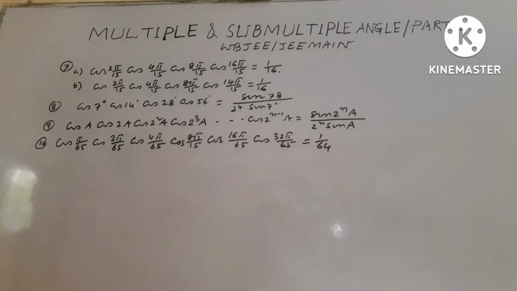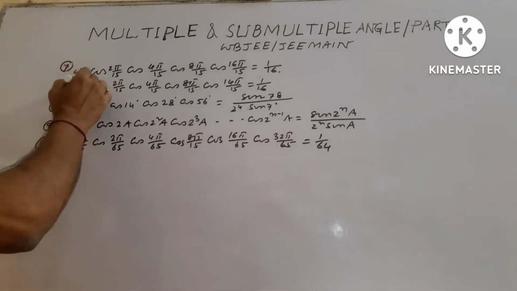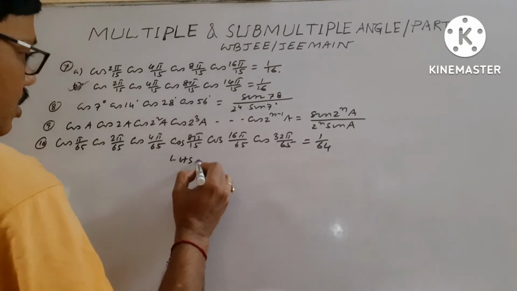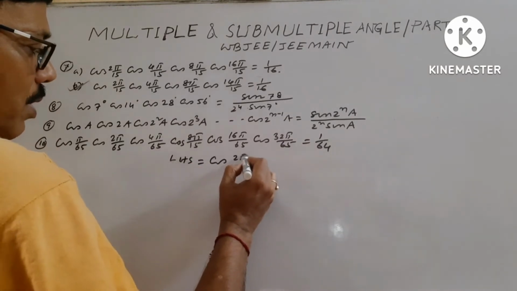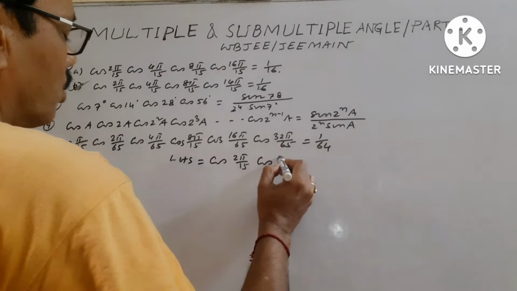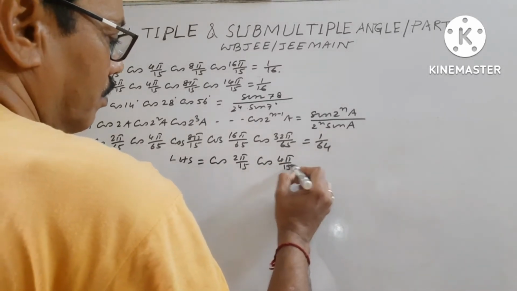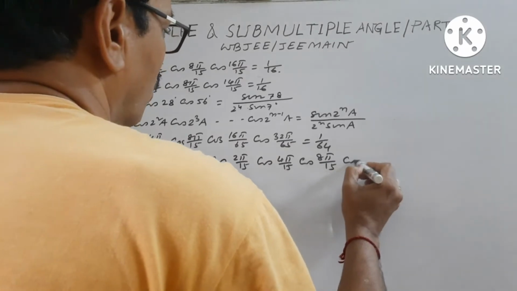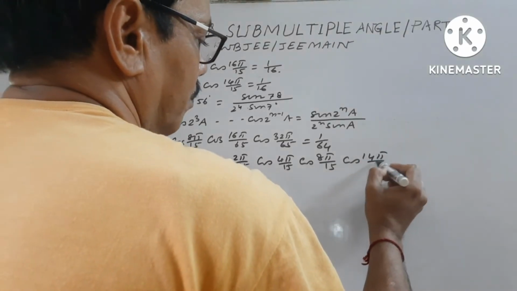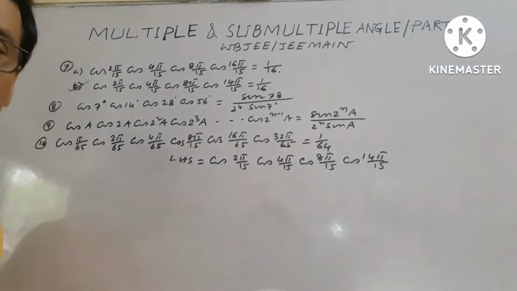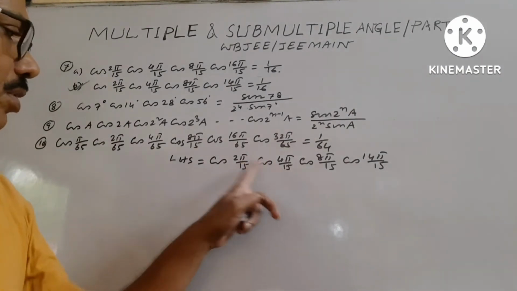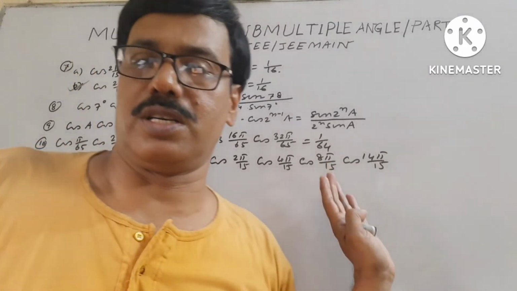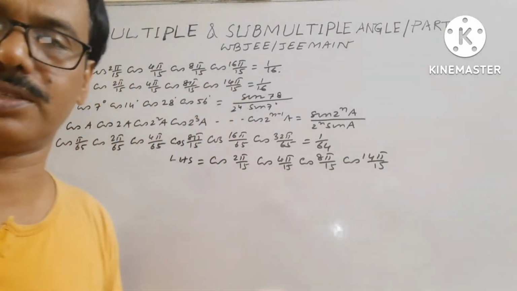Suppose we consider problem number 7b. This is the LHS: cos 2 pi by 15, cos 4 pi by 15, cos 8 pi by 15, cos 14 pi by 15. Now this one is double the earlier, and the next is double the second, but the last one is not double the previous.